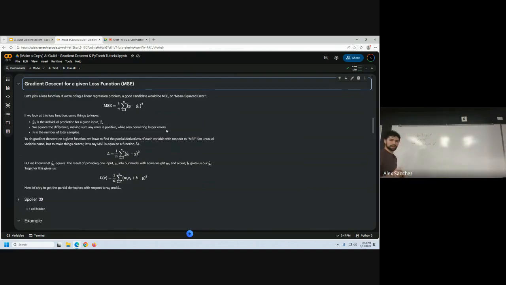How do we remember that what we want to do is find the optimal weight and the optimal bias? For example, if we're given these data points right here, we want to find a slope and the y-intercept that best fit that data.